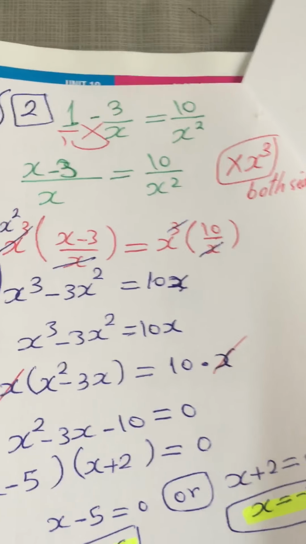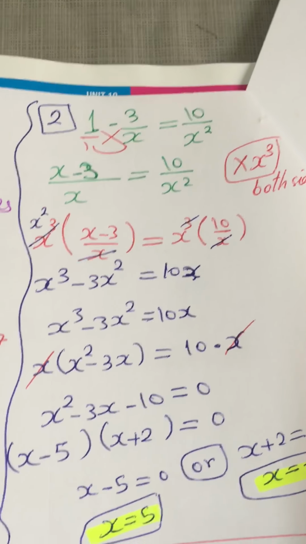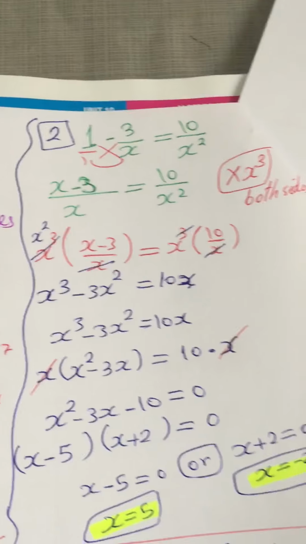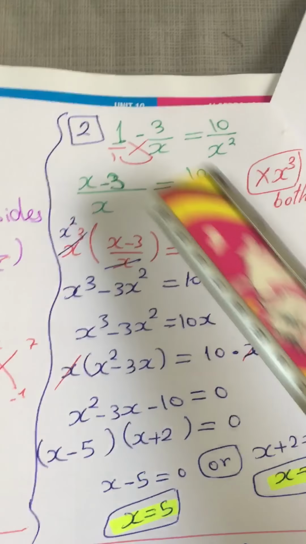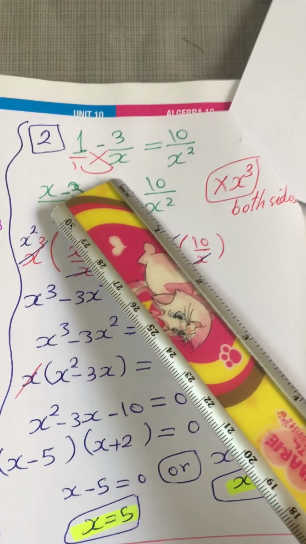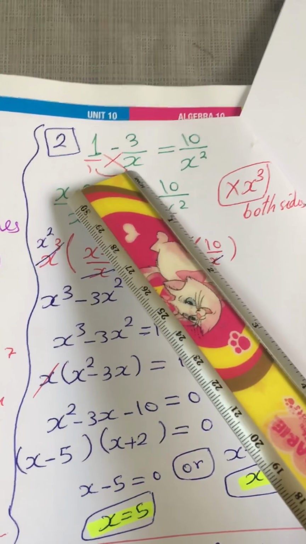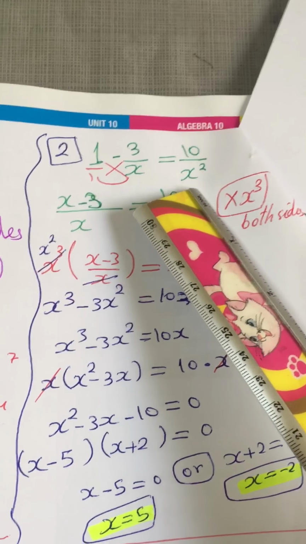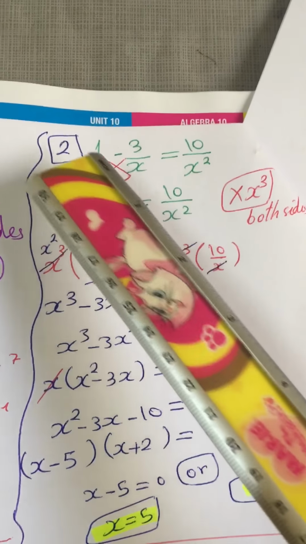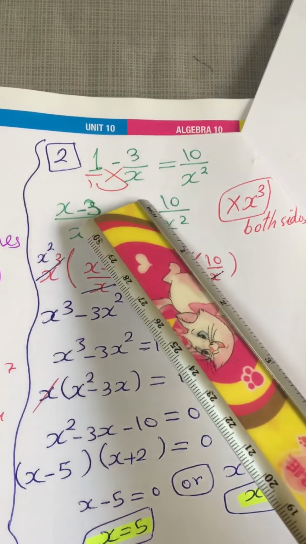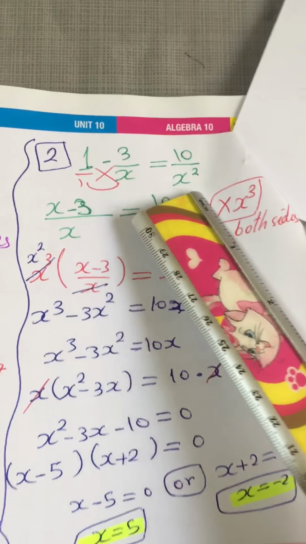I'm still in exercise 6 star, page 371, question number 2. I have 1 minus 3 over x equals 10 over x squared. We can take x squared, make it x cubed, multiply by 1, multiply by 3 over x, multiply by 10 over x squared.